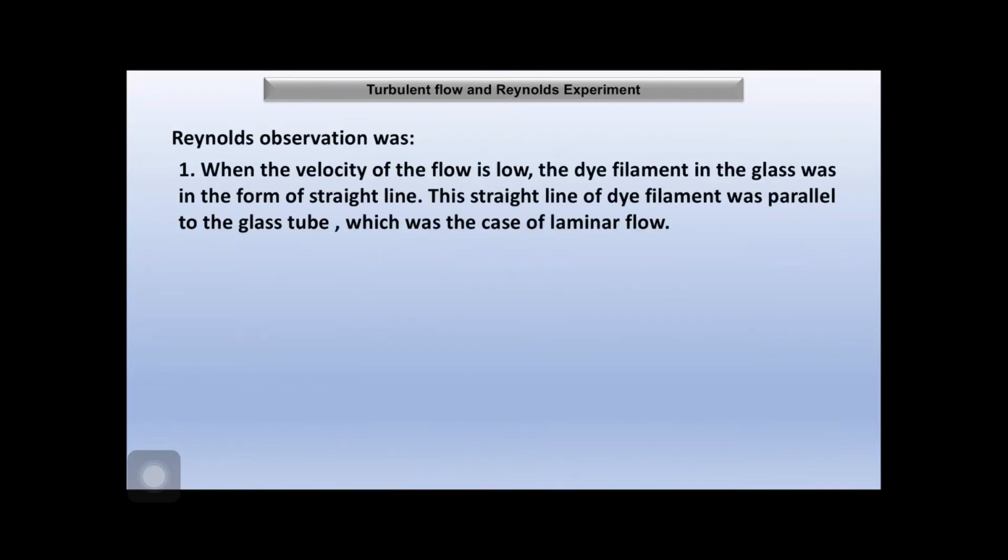When Reynolds conducted the experiment, he made three observations. The first one was, when the velocity of flow is low, the dye filament in the glass tube was in the form of a straight line, parallel to the glass tube, which is the case of laminar flow.